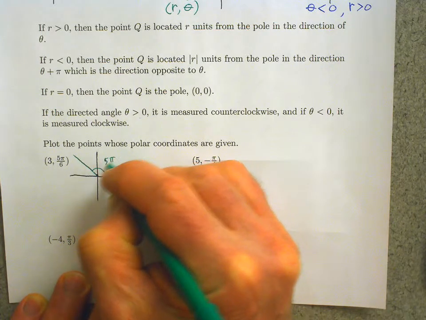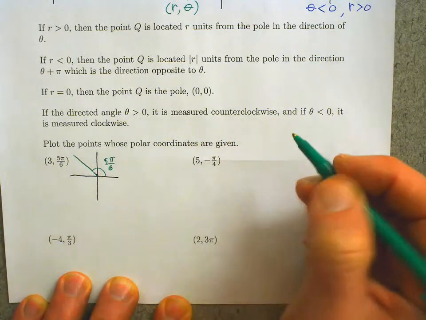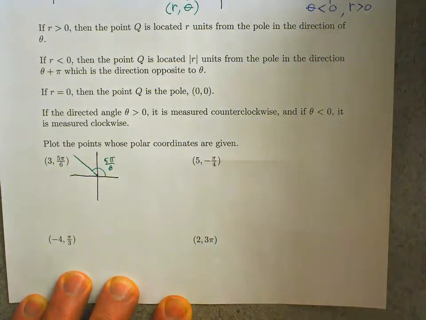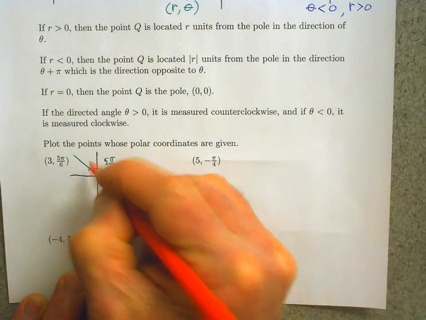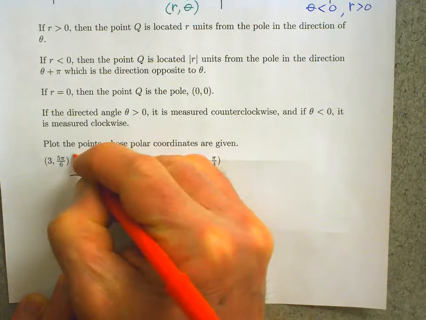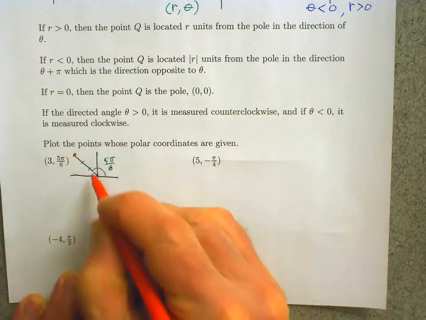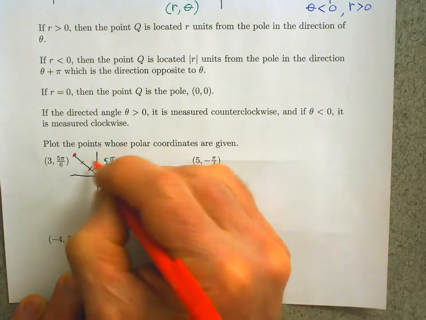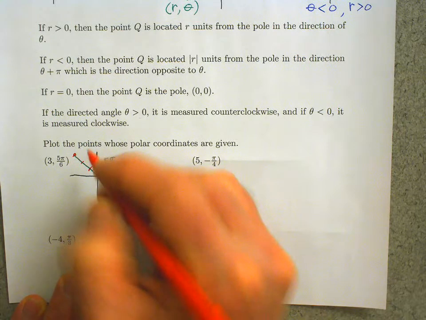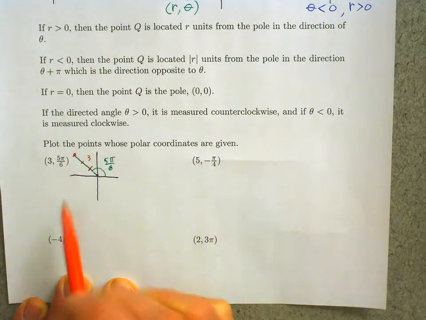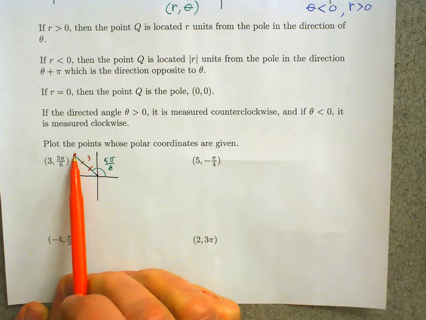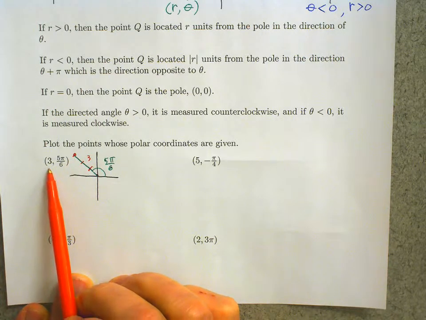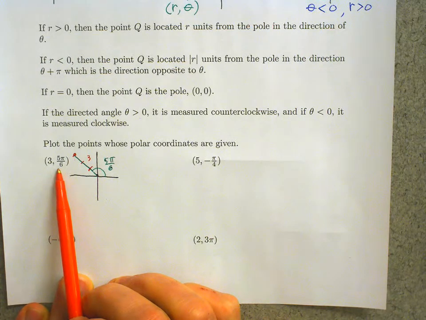And then we measure out 3 units. So I'll just make 3 tick marks to represent the 3 units. So the length of this line segment from the origin to the point is 3. And the coordinates of this point in polar coordinates are 3, 5 pi over 6.